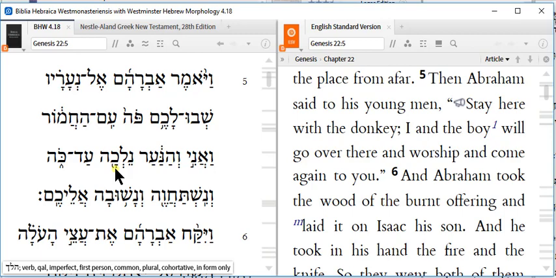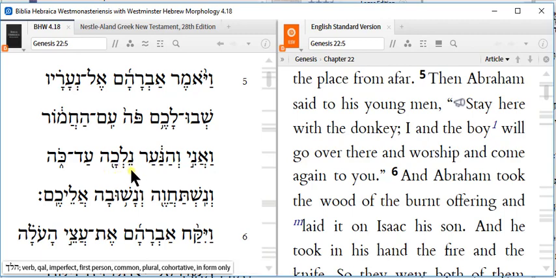this looks like a cohortative form, doesn't it? So is it just an imperfect that happens to have a kametz? Or is this really a first common plural cohortative? And if it is, does it have any of the cohortative semantics?